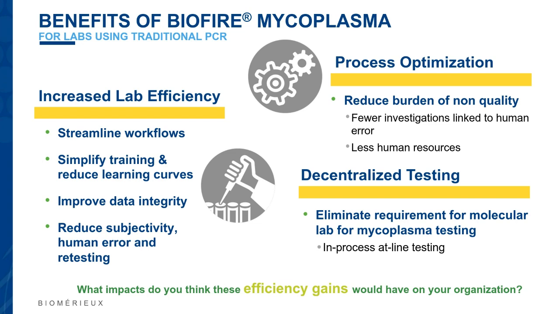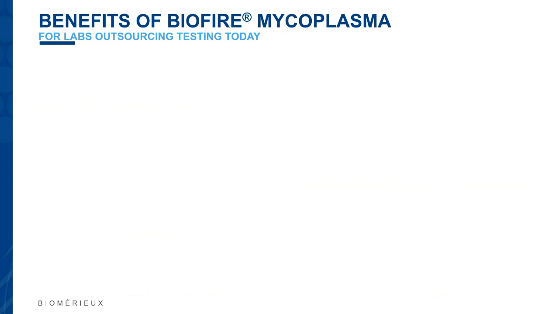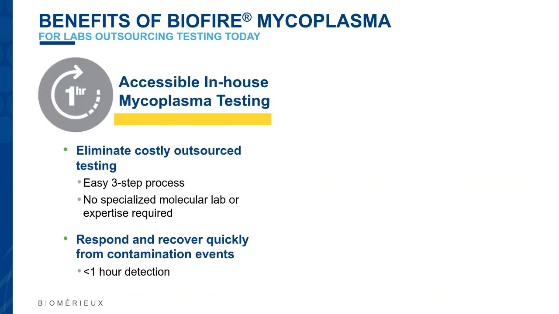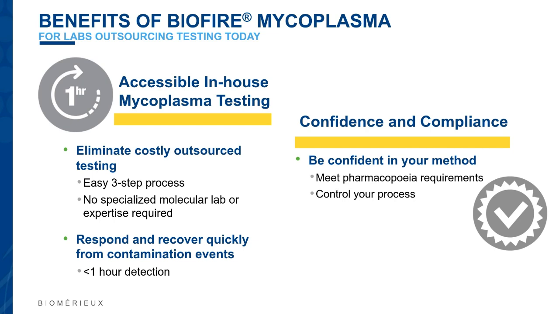So we can ask you, what is the impact that you think these efficiency gains will have in your organization? And the last one is the accessibility of in-house mycoplasma testing, right? So eliminate the costly outsourced testing. This is an easy three-step process. You don't need a very specialized molecular lab or expertise. Respond and recover quickly from contamination events, knowing the results in less than 1 hour.